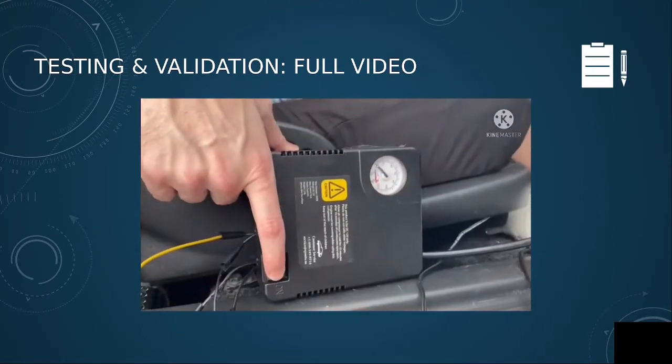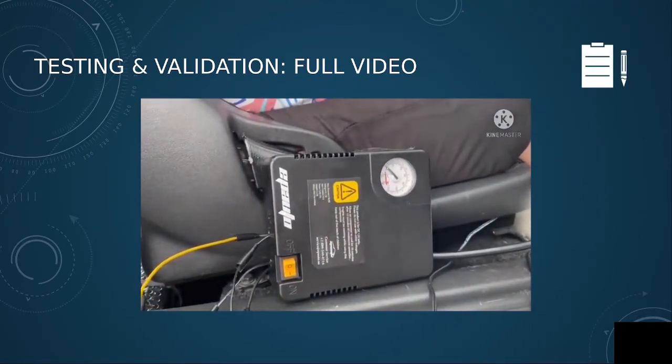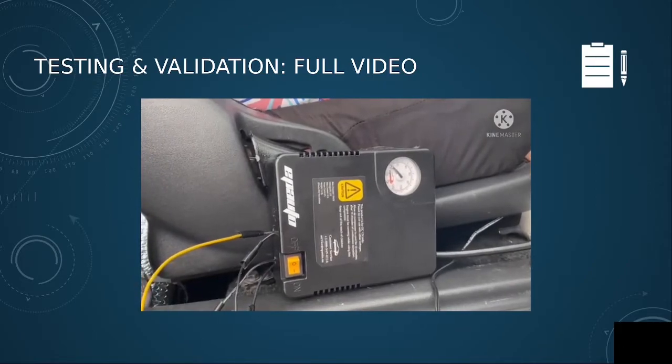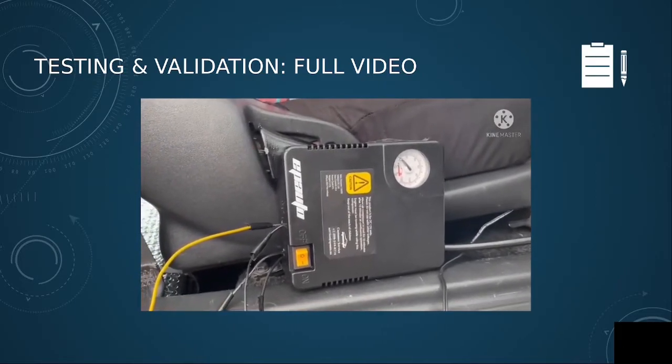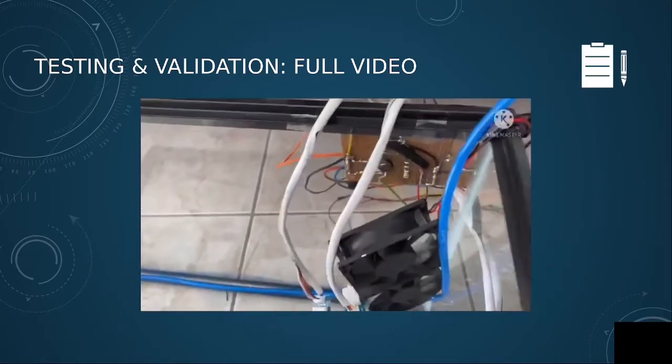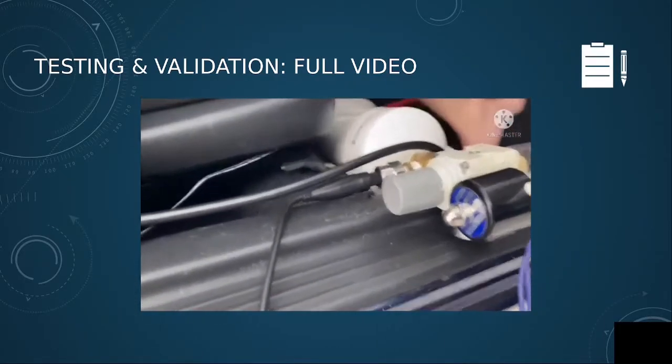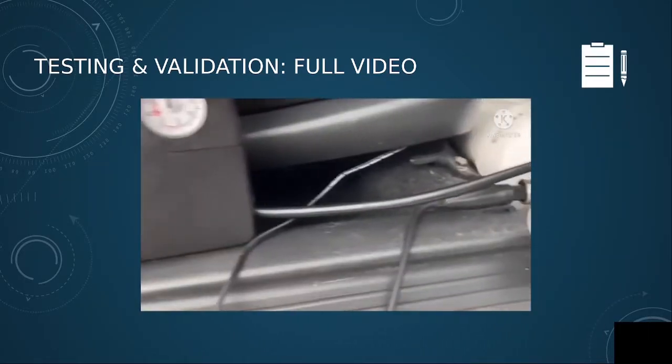The testing and validation full video. We connected to the car. Then we turn on the compressor. We turn it on for a second because the pressure is zero. And we put out 45.